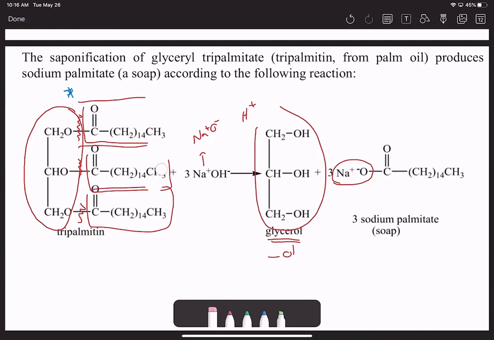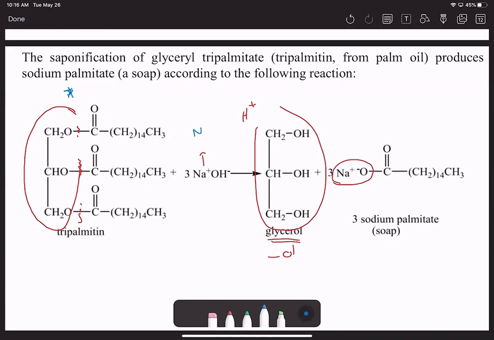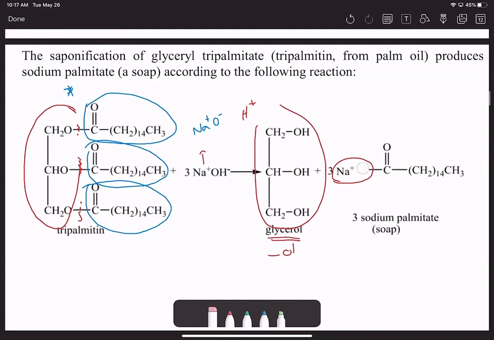Let me color coordinate this a little bit. That way we can maybe see it a little better. So I'm going to write NaO in blue. So we're going to get Na plus and O minus. And we're going to bond it to these here. This in blue.